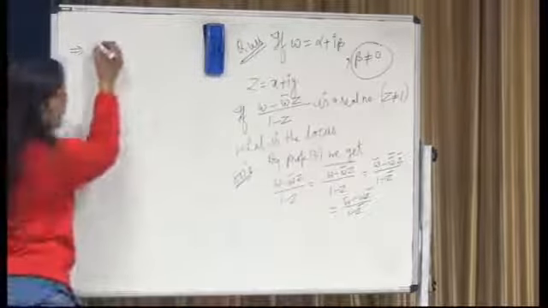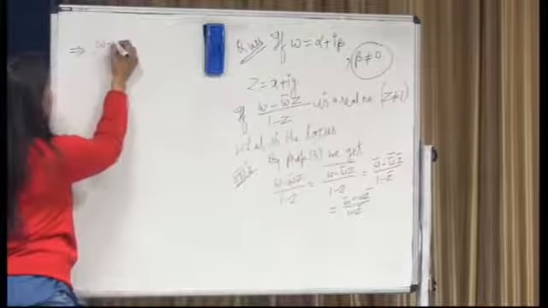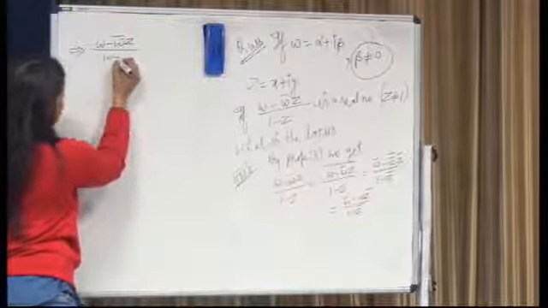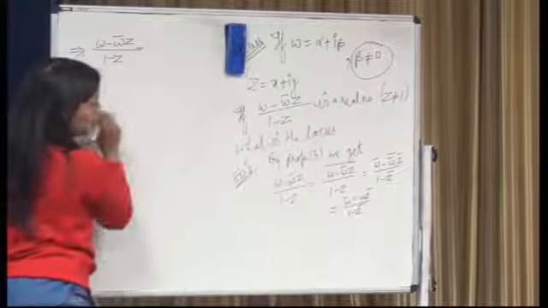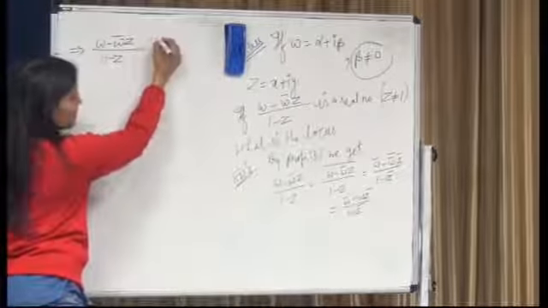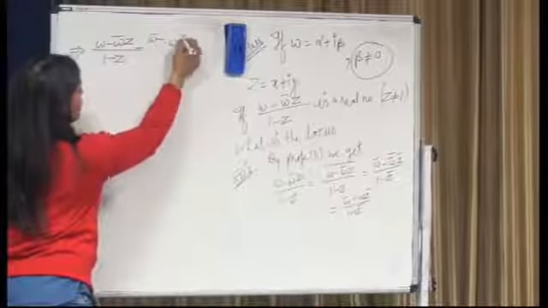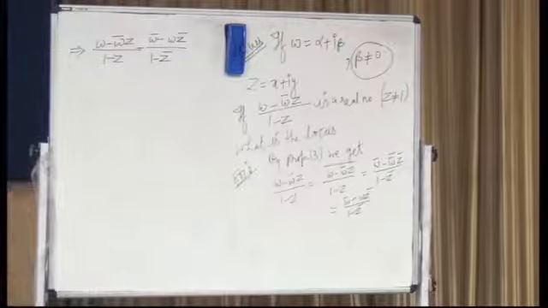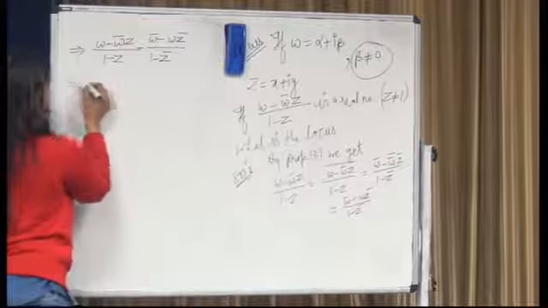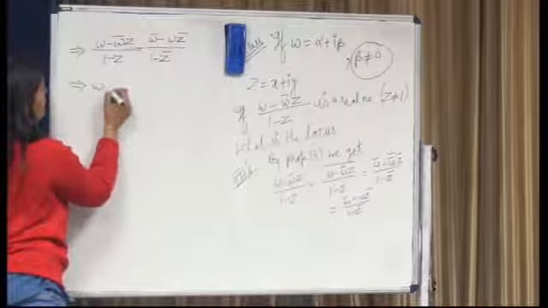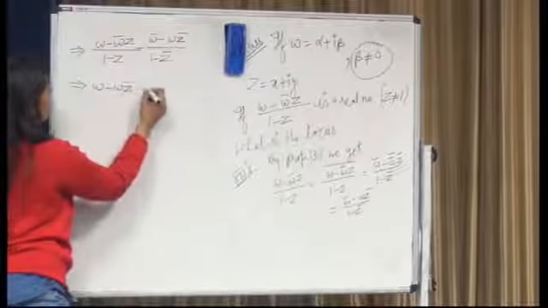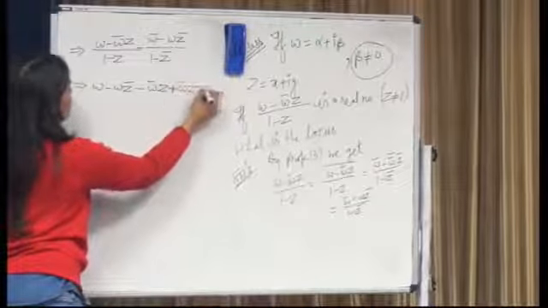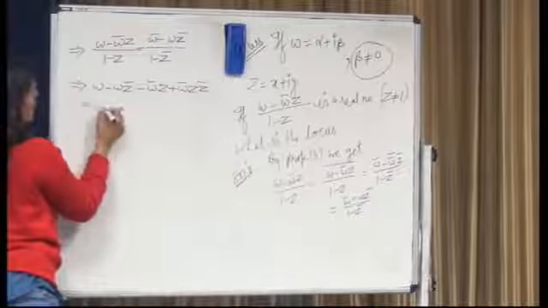So basically what we have, w bar minus z, 1 minus z, w bar minus w z bar upon 1 minus this we are having. Okay, cross multiply. So w minus w z bar minus w bar z plus w bar, and carefully because this bar is very important.